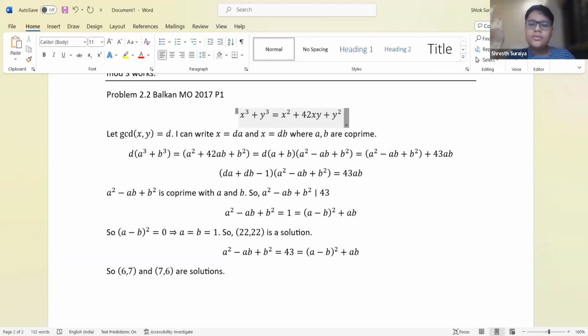If (a minus b) whole square equals 16, then ab equals 27, and the difference has to be 4, so no solution.